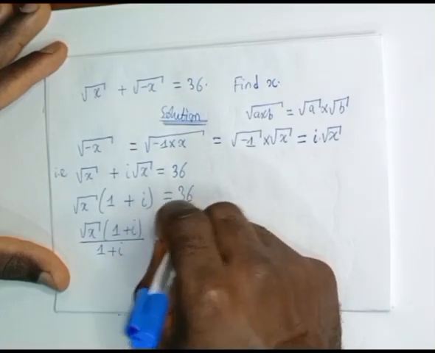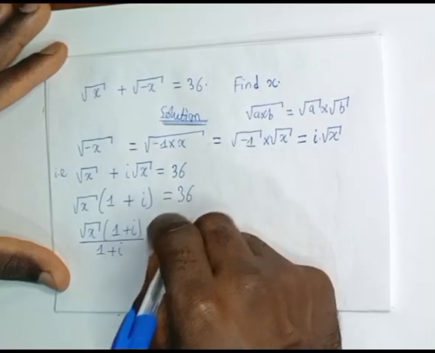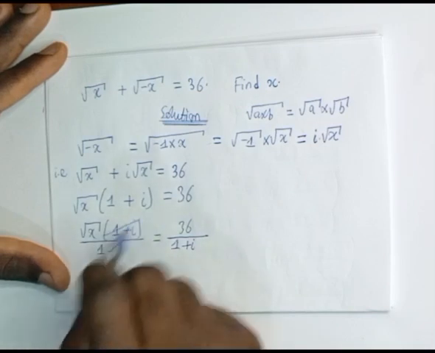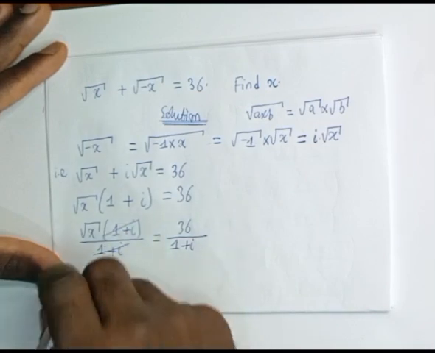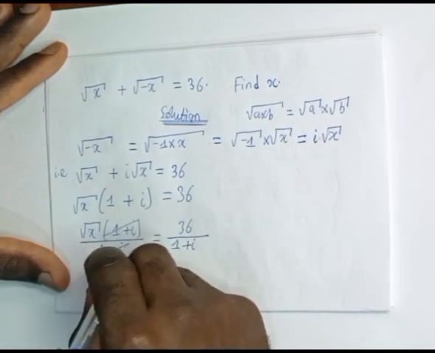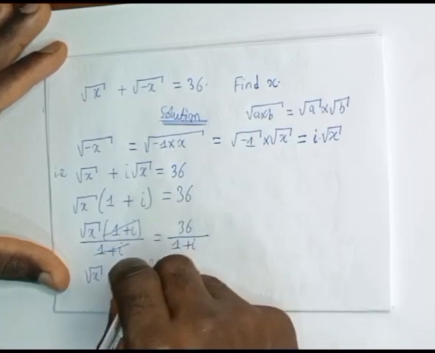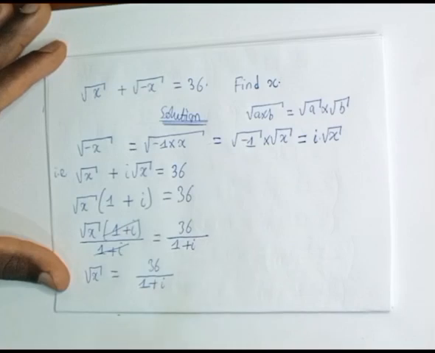It will simply be equal to 36 divided by 1 plus i. At the left hand side, 1 plus i will strike off 1 plus i. We will be left with root x is equal to 36 all over 1 plus i.